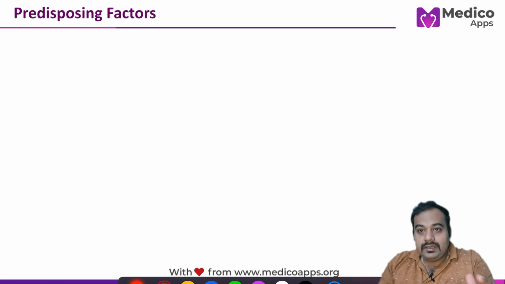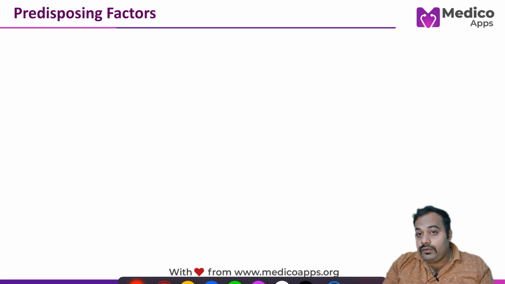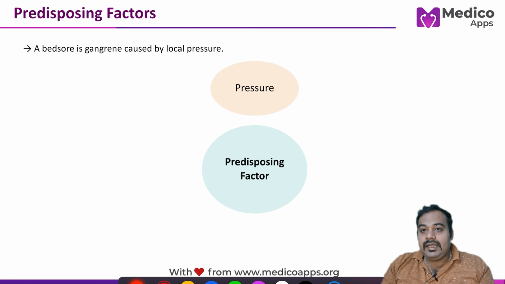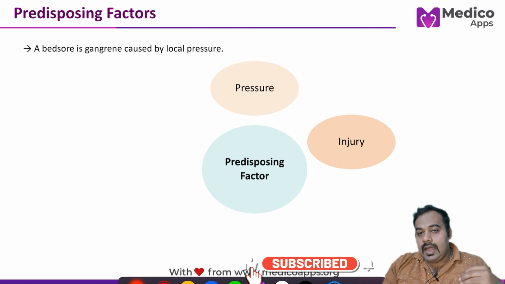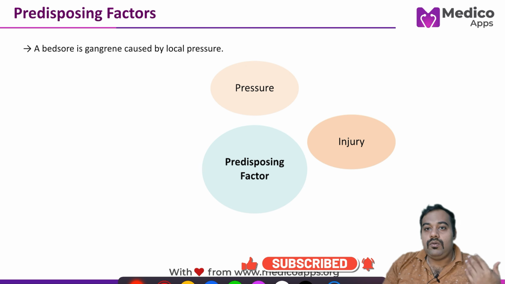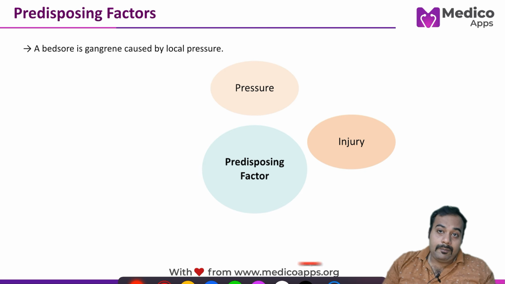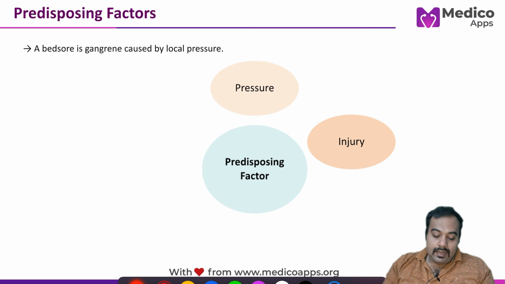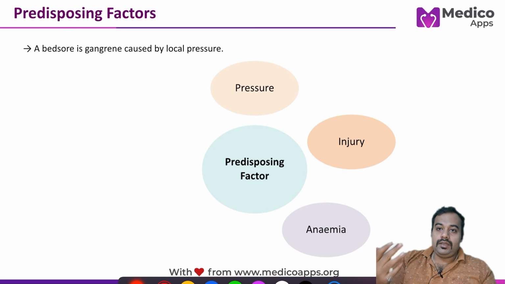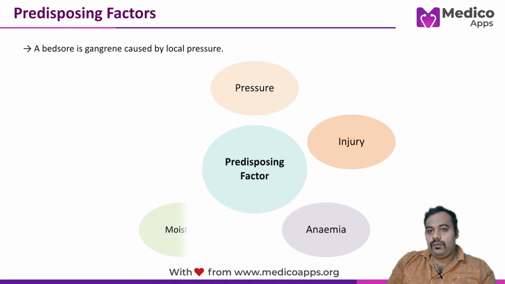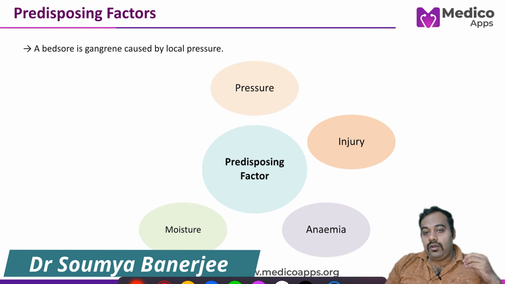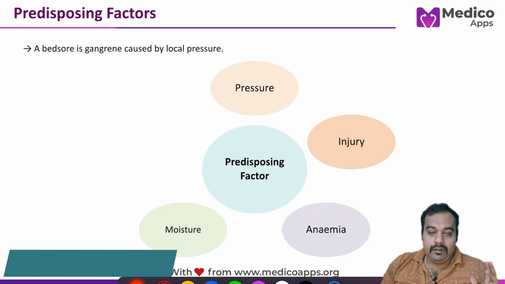So, your bed sore is associated with a few predisposing factors apart from the local pressure. Okay, so we have the local injuries at the particular area, and that, due to the increased local pressure, takes time to heal. Apart from that, anemia also delays the wound healing mechanism, and moisture, because patients who are bedridden for a longer duration, or a patient with a stroke, lose their control over the bladder and bowel.